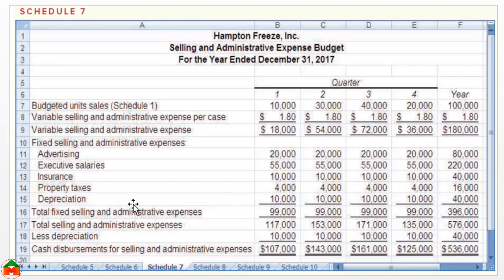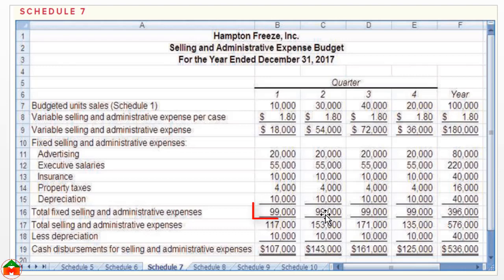So these are the fixed selling and administrative expense. If we sum up all the fixed expense, 20,000, 55,000, 10,000, 4,000, and 10,000, the total is 99,000. We are adding only the fixed portion here. 99,000 is the fixed portion of the selling and administrative expense budget.